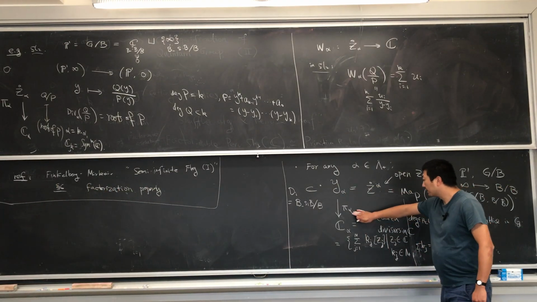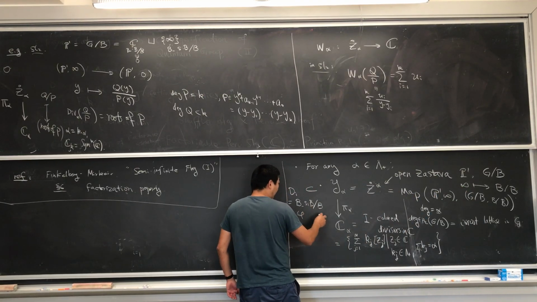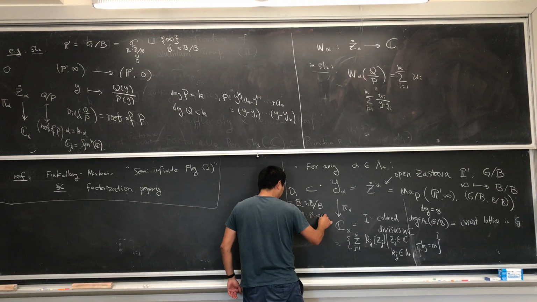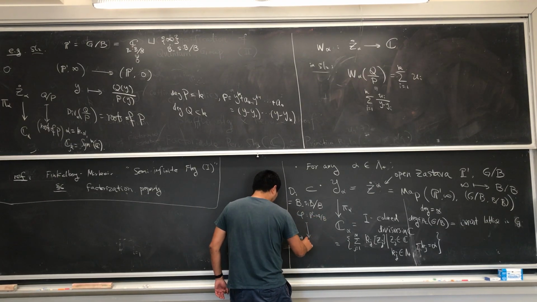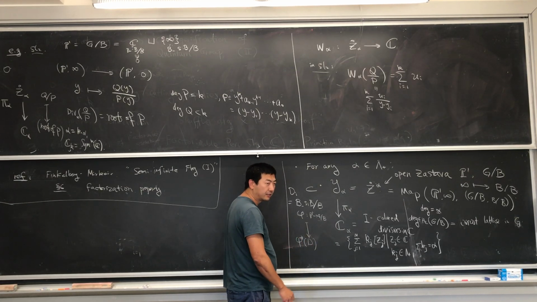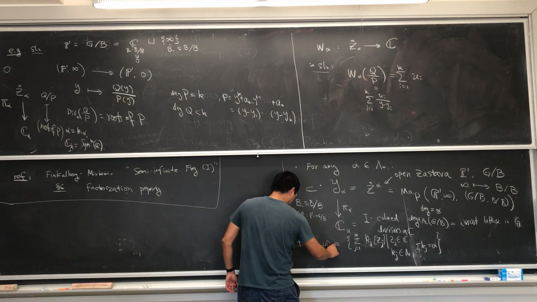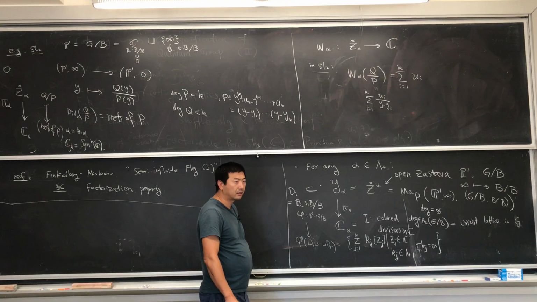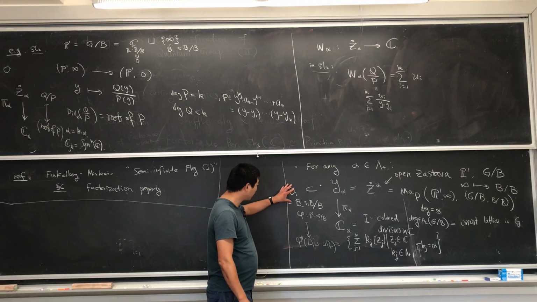The pi alpha is sending a map phi from P1 to G mod B to, you can say, the pullback of the Schubert divisor. The Schubert divisor is D1 union through DR. We don't use infinity to pull back.